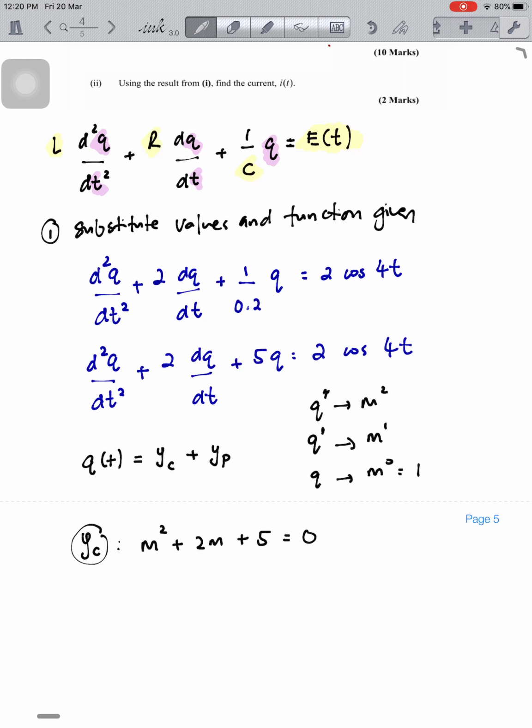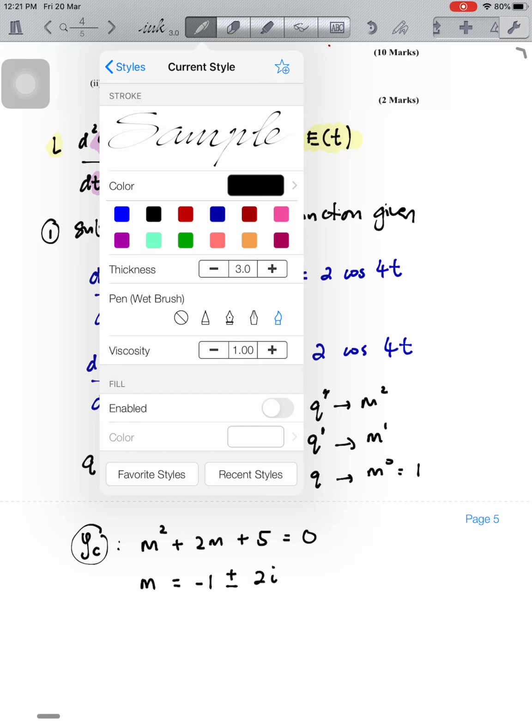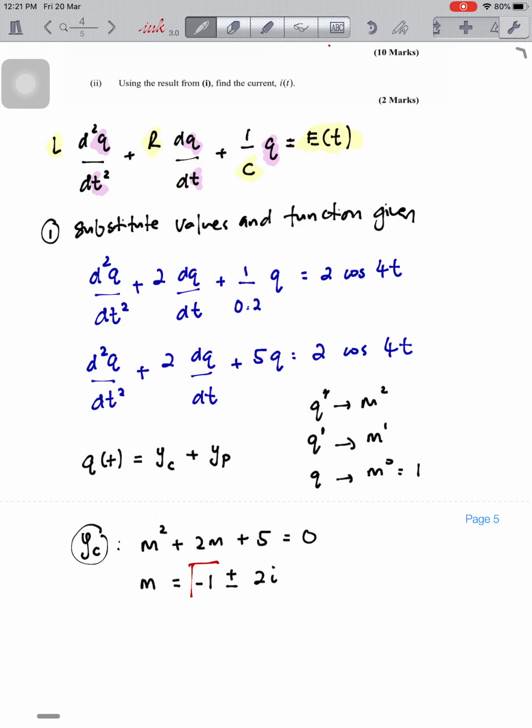Okay, then using your calculator, with a equal 1, b equal 2, and c equal 5, you will get the case of complex root. So m is going to equal -1 plus minus 2i. And from here, we can identify this is going to be our alpha value, and this is going to be the beta value.